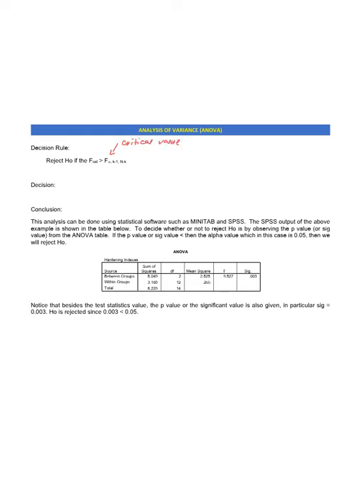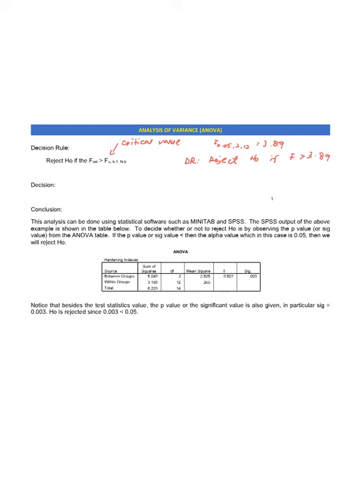Okay, so critical value yang kita nak cari adalah F 0.05, 2, 12. So refer to your F table, we get the value is 3.89. So decision rule dia adalah reject H0 if F yang kita calculate tu lebih besar daripada 3.89.